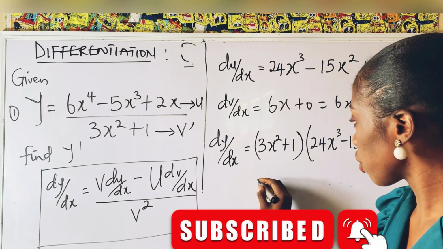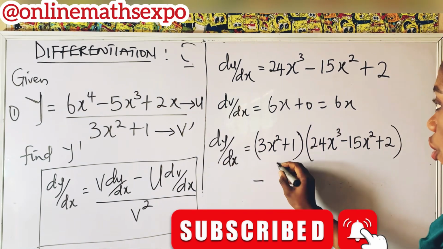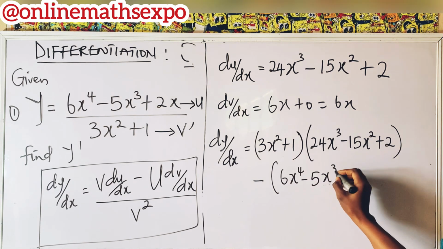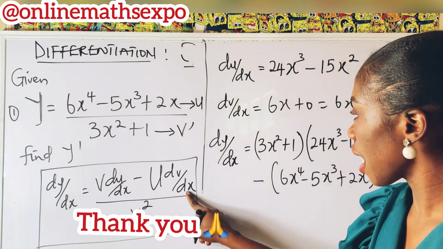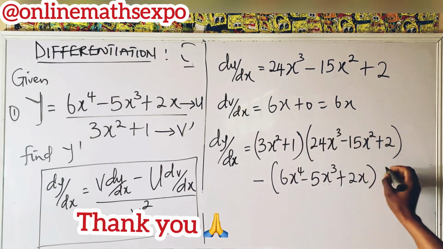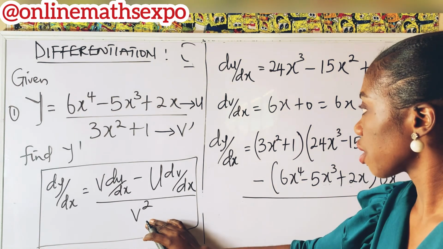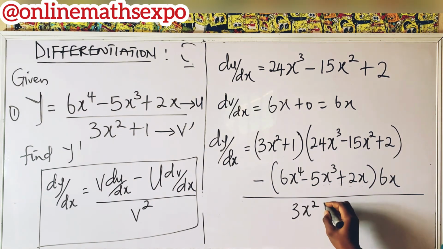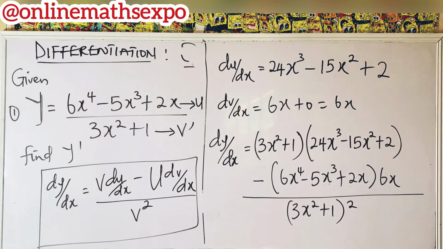You return your minus sign. Your u is this function above, which is 6x to the power 4 minus 5x cubed plus 2x. Then dv/dx is 6x, so we have 6x. All over, our v is 3x squared plus 1, raised to the power of 2.